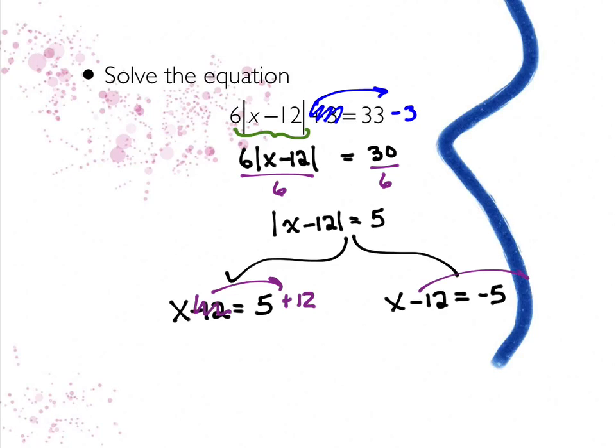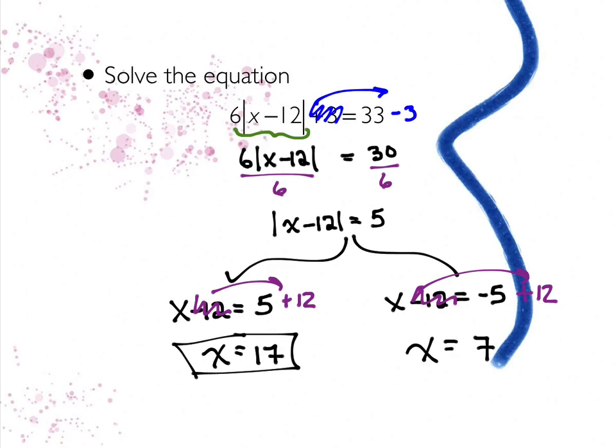Add 12 over here. Get rid of that. So on my left side, I have x equals 5 plus 12, that's 17. And then over here, I get negative 5 plus 12. Signs are different, so we subtract and take the sign of the bigger. That'll be a 7.